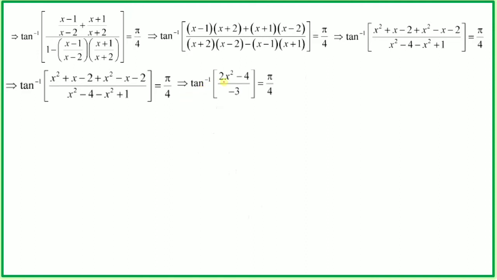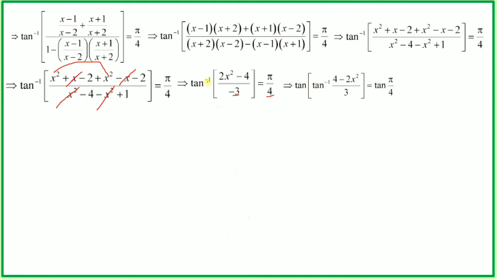This is equal to x square plus x square is 2x square, and then plus x minus x cancel, and then minus 4, and in the denominator x square and x square cancel, so minus 3, and is equal to tan pi by 4.